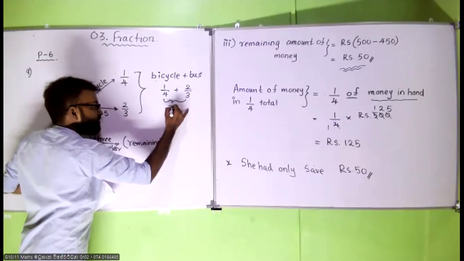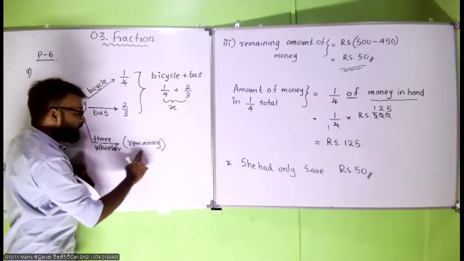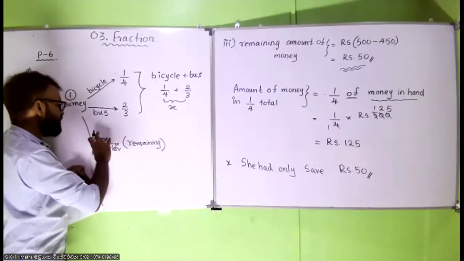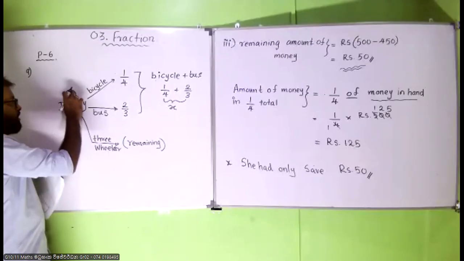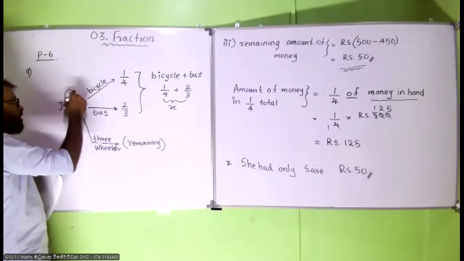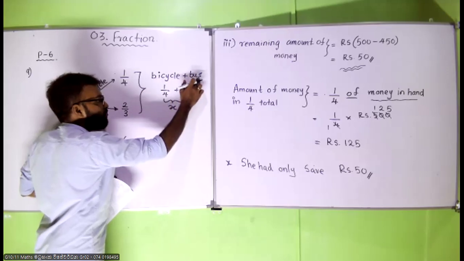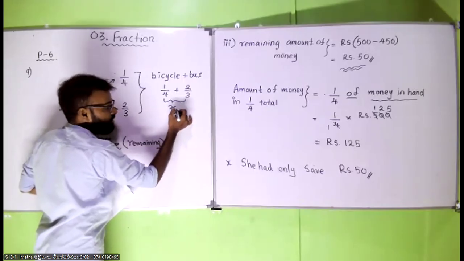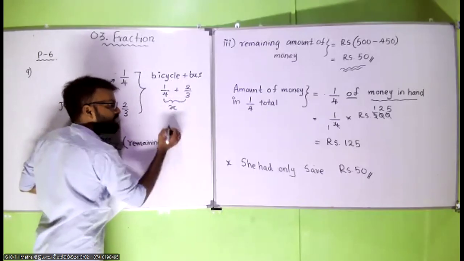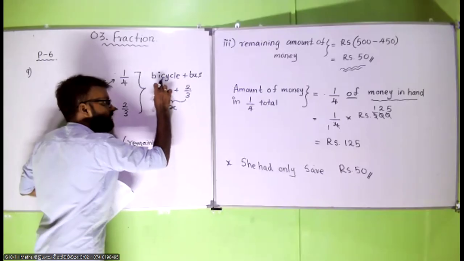I will say this answer is x. That is the total distance by bicycle and bus.